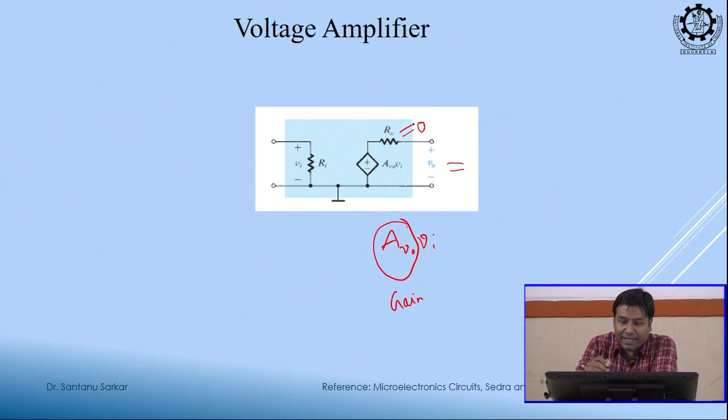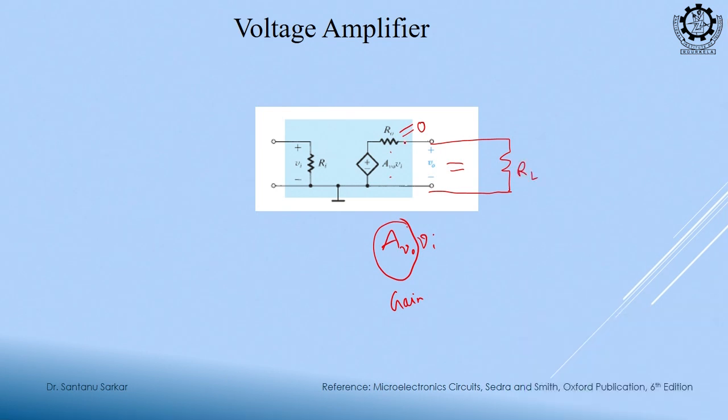Why? If this happens, then this V0 will be maximum, no drop here. Getting my point? If that happens, then whatever the load, this voltage and this voltage will be equal, and I will get the maximum voltage possible. So again, some relationship is coming.